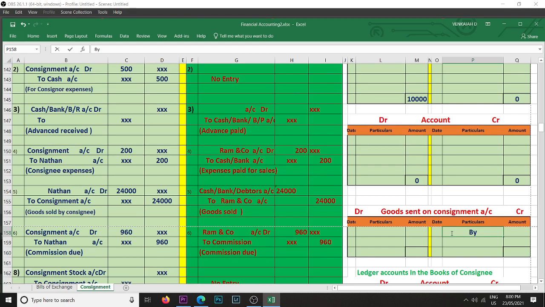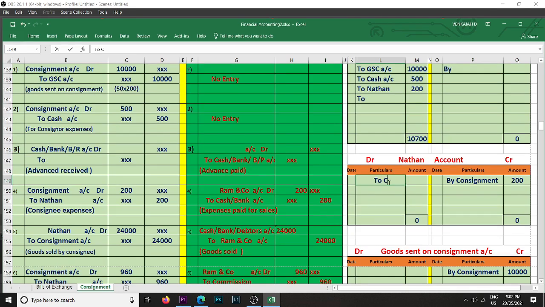Nathan account debit to consignment account, amount is 24,000.